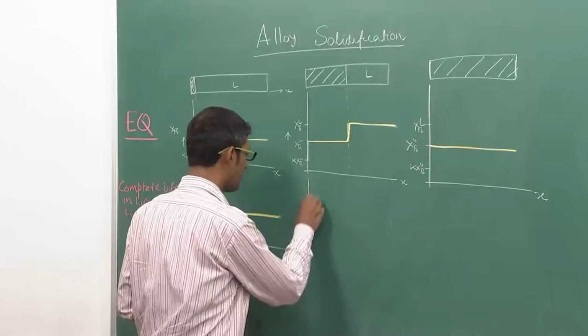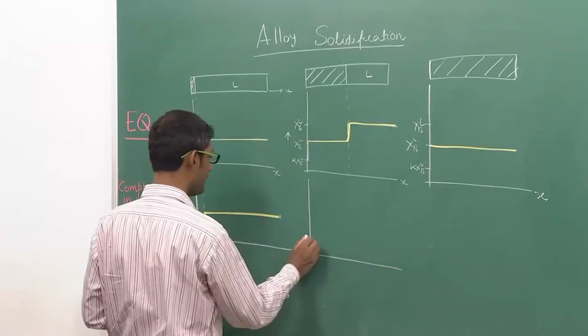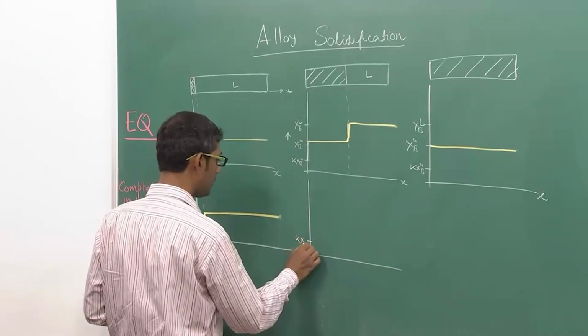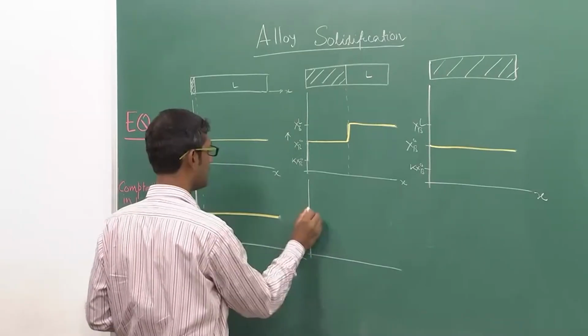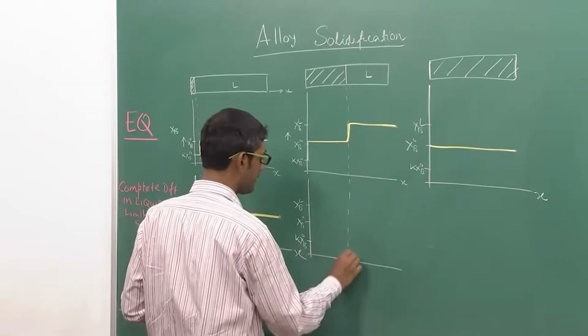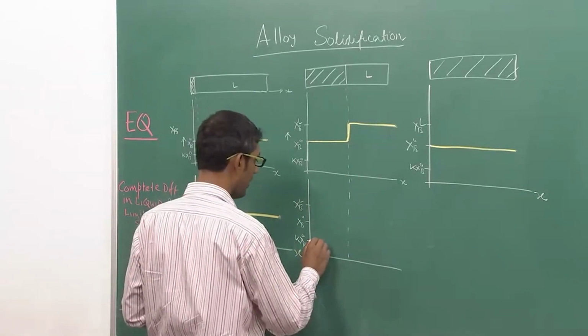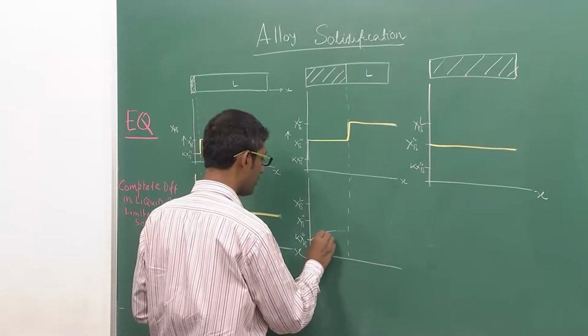So once you do that, for the next thing, that is half solidified, again KXP0, XP0 and XPL, suppose here. So this is my interface. How will things happen? Things will happen like this. I am sorry, let us use the chalk.